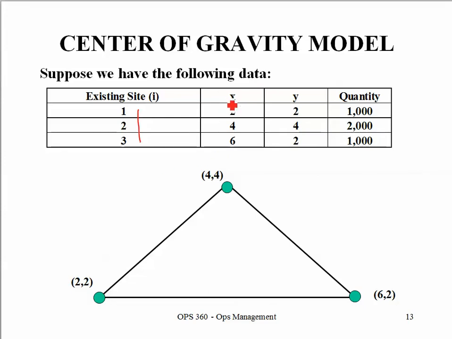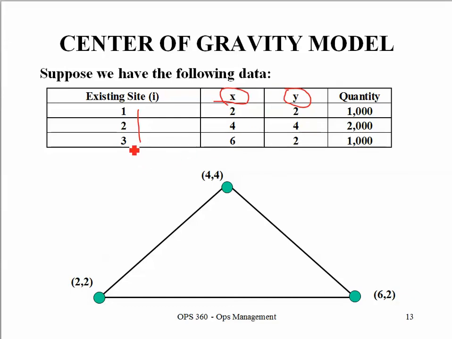Then in these two columns, I'm measuring the east-west coordinate and the north-south coordinate of the existing sites, at least the distances from the existing sites to that reference point. These numbers are in terms of hundreds of miles. So existing site 1 is 200 miles east of the reference point and 200 miles north of the reference point. Existing site 2 is 400 miles east of the reference point and 400 miles north of the reference point.